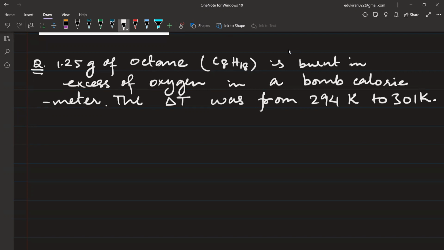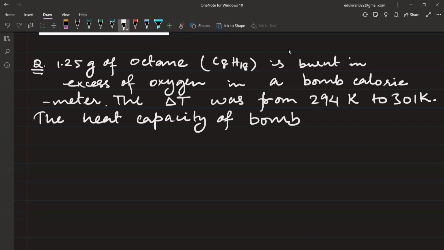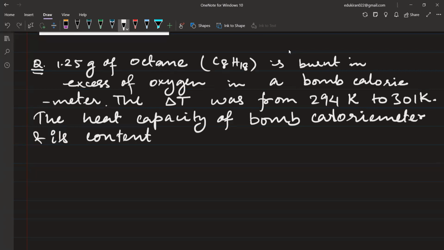The heat capacity of bomb calorimeter and its content is 8.93 kilojoule per Kelvin.